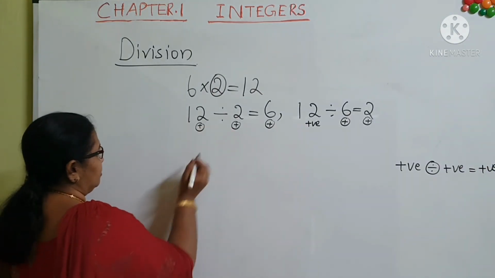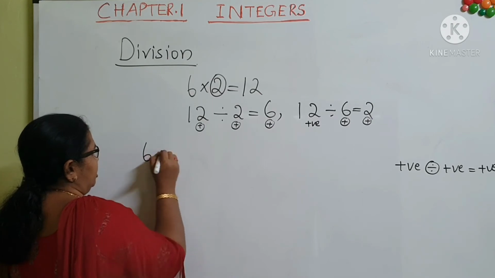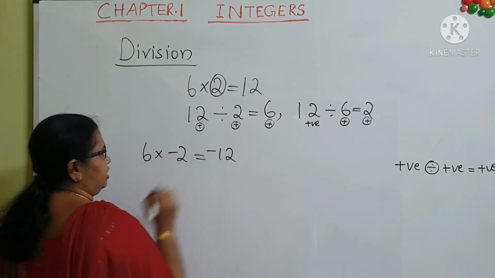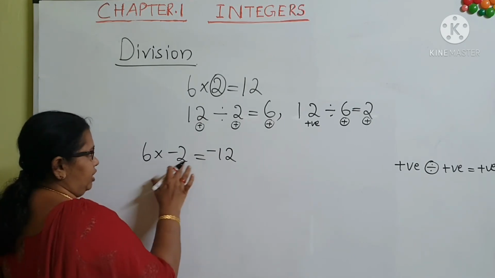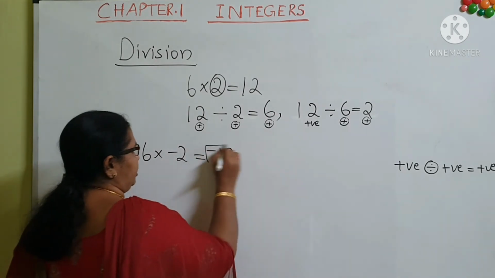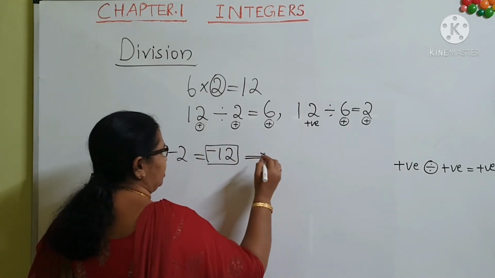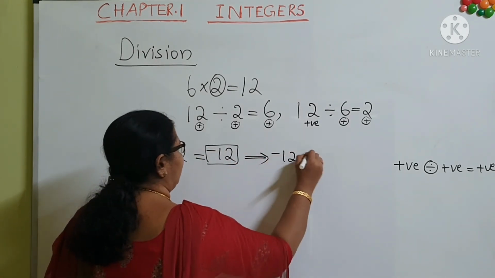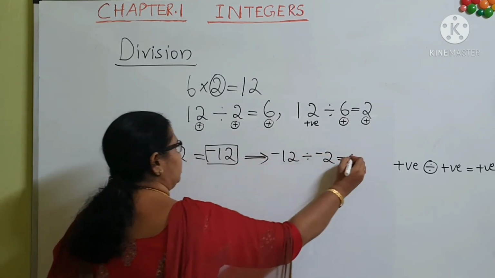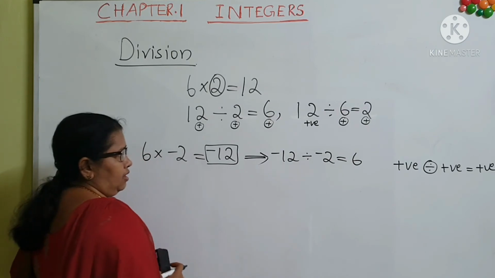Then, next, 6 into negative 2. Positive into negative is negative 12. Then here the product is negative 12. That implies negative 12 divided by negative 2 is the other integer 6.